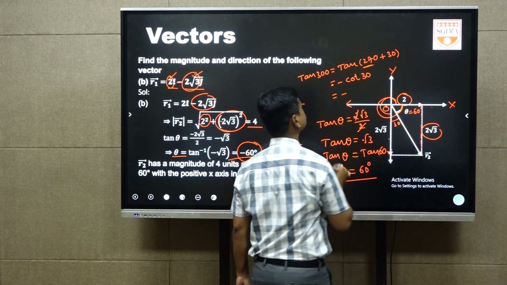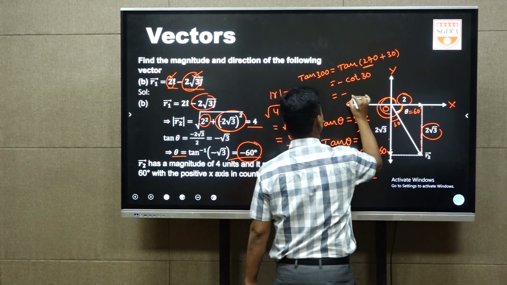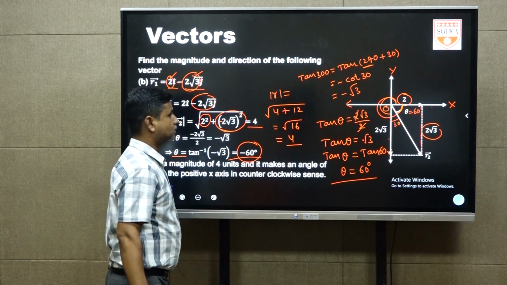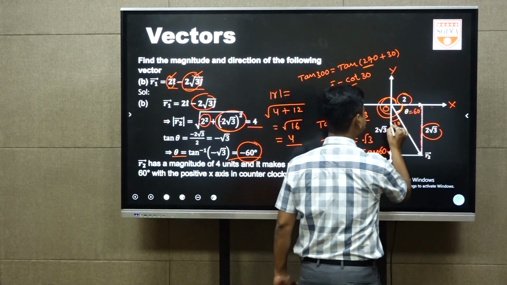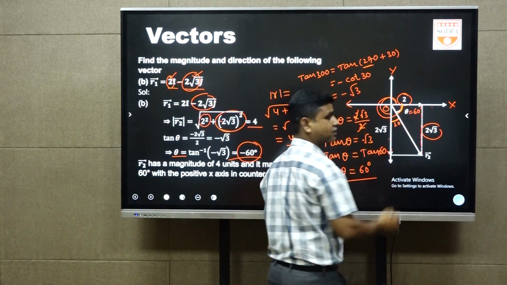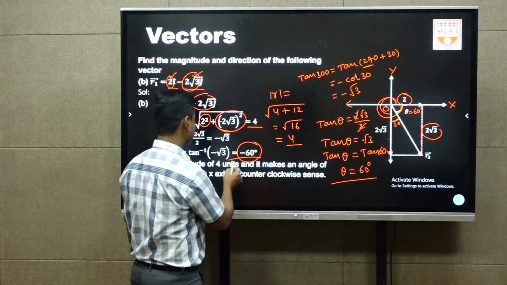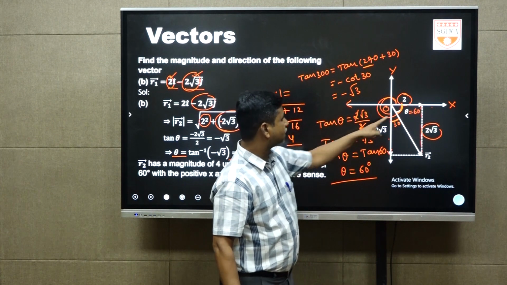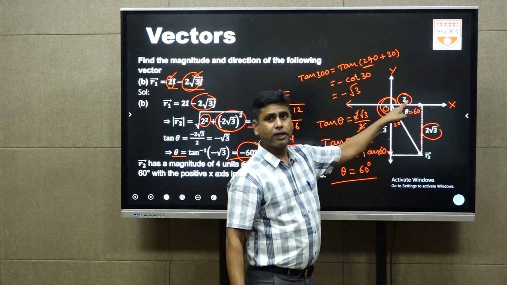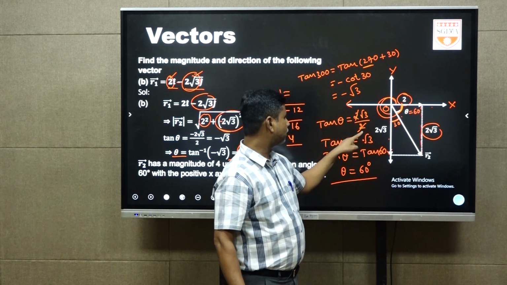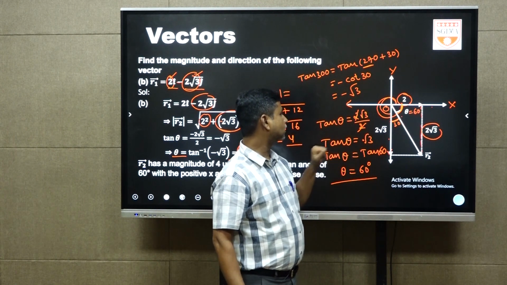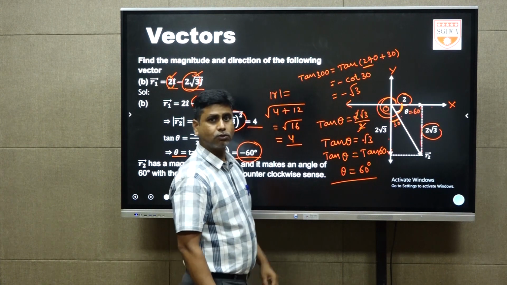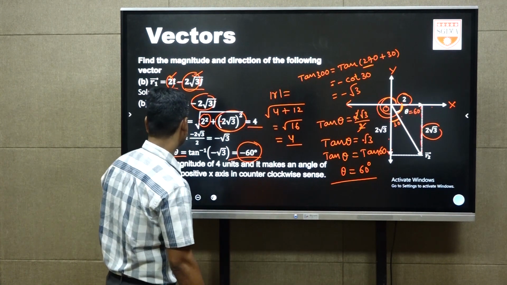Cot 30 value is root 3. You can also find it this way: this angle is 30, which means this angle can be taken as 60 degrees. Otherwise, by this procedure also, tan theta equals opposite upon adjacent, 2 root 3 upon 2. Then tan theta equals root 3, tan theta equals tan 60. Then the value of theta equals 60 degrees.